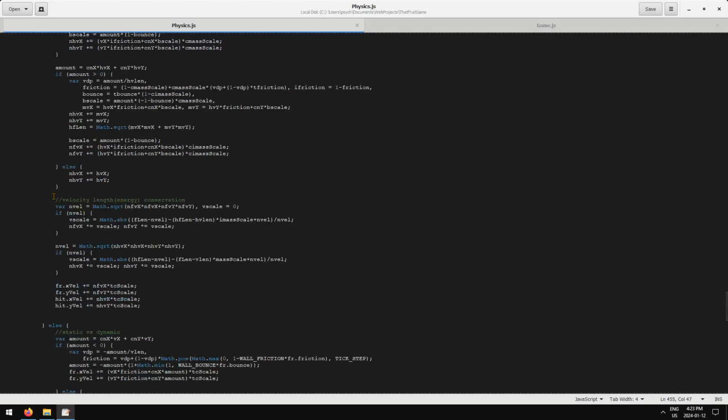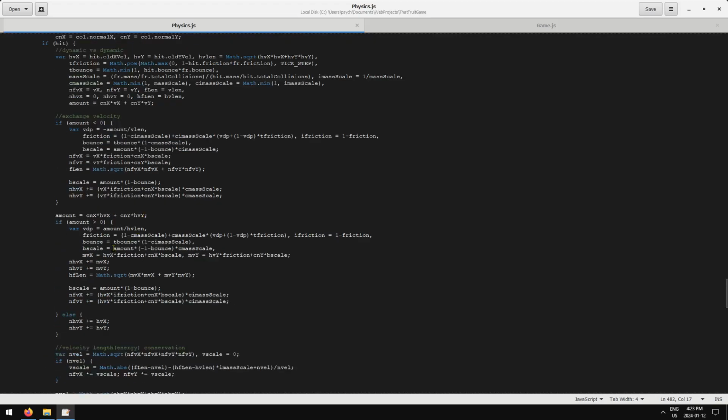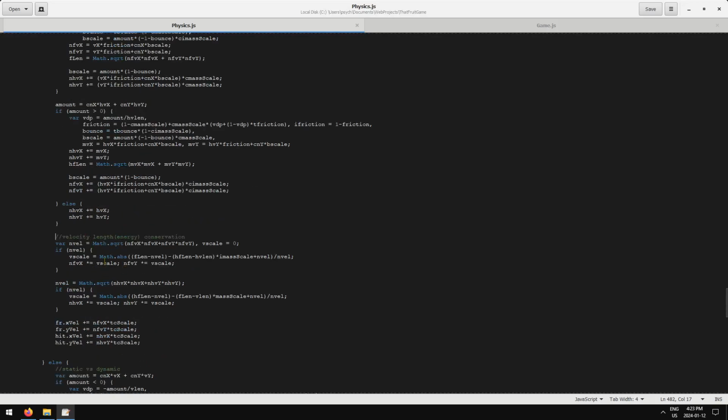So then down here, this is the big important part for the stability of the physics engine, the velocity length and energy conservation. These functions need a bunch of complicated differential equations to actually solve properly and create a stable system. So what we do is we measure the length here of how much length of the velocity was taken out when we apply one of these collision responses.